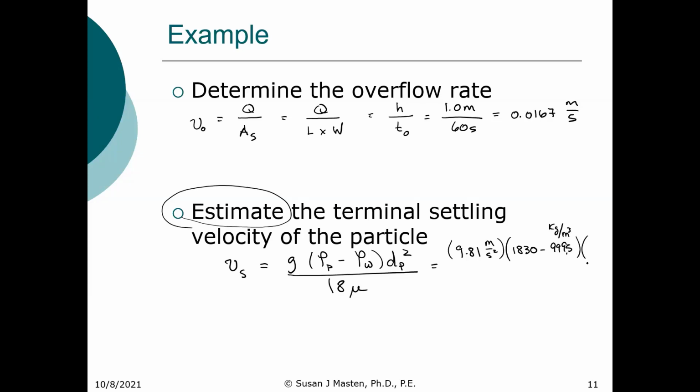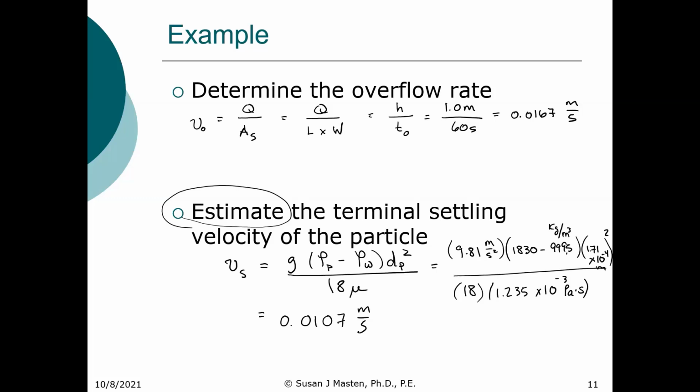Make sure this is in meters, 1.71 times 10 to the minus 4 meters, squared, divided by 18 times the dynamic viscosity at 12 degrees C, which is 1.235 times 10 to the minus 3 Pascal seconds. And that gives us 0.0107 meters per second. Okay, so that is our first estimate of the terminal settling velocity.